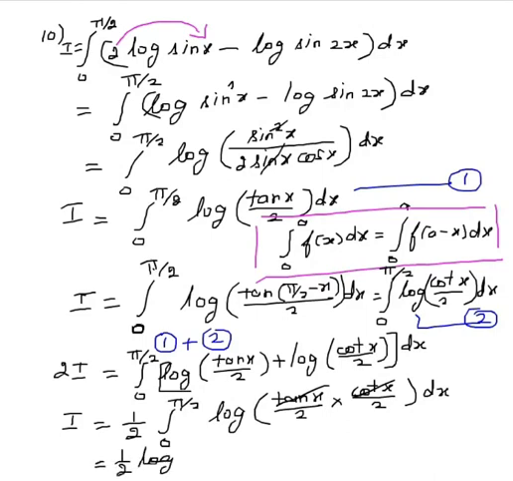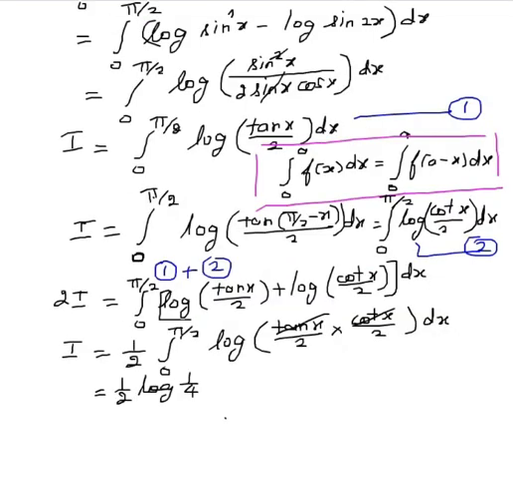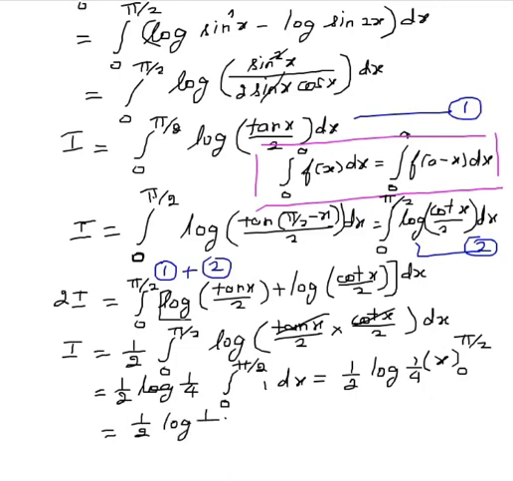Half into log of 1 by 4, integral 0 to pi by 2 of 1 dx, half log of 1 by 4 times x, and the limits are 0 to pi by 2. Let us substitute the limits. Half log 1 by 4 times pi by 2 minus 0.